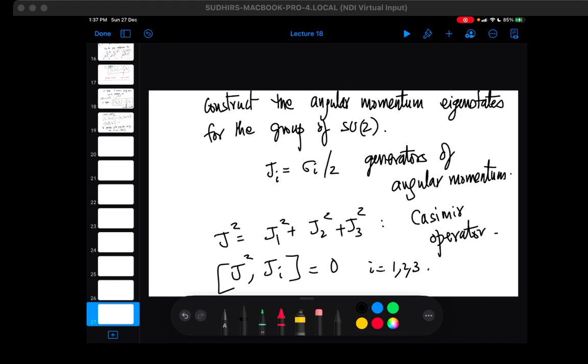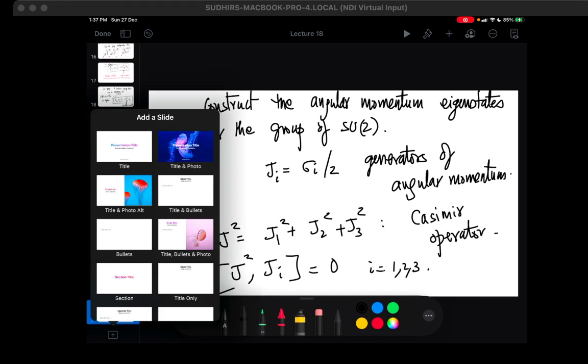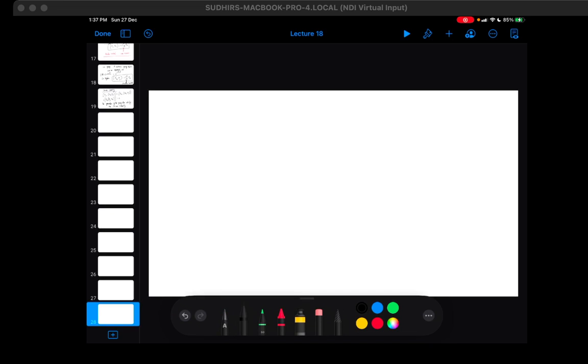Then we use one operator as the labeling operator and the other operators as raising and lowering operators.